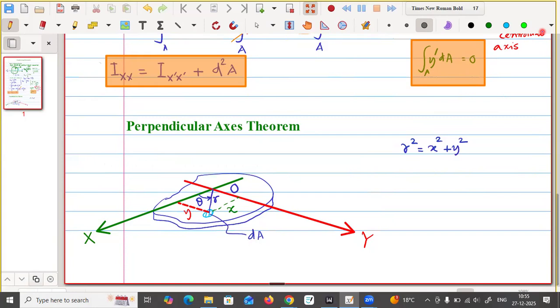Now, if I write the definition, what is that? Can we write Ixx and Iyy? Simply, from the definition, Ixx is the integral of y square dA, and Iyy is the integral of x square dA.